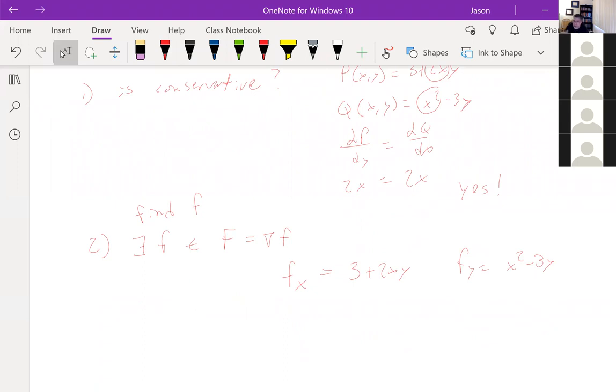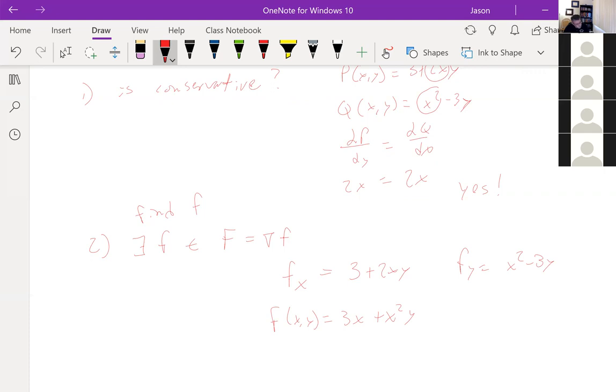Okay. So how could I figure out what f is? Well, let's integrate, but only integrate on x for the first one here. So I'm going to say f of xy is equal to what? Well, integrate with respect to x. I get 3x plus x squared y.